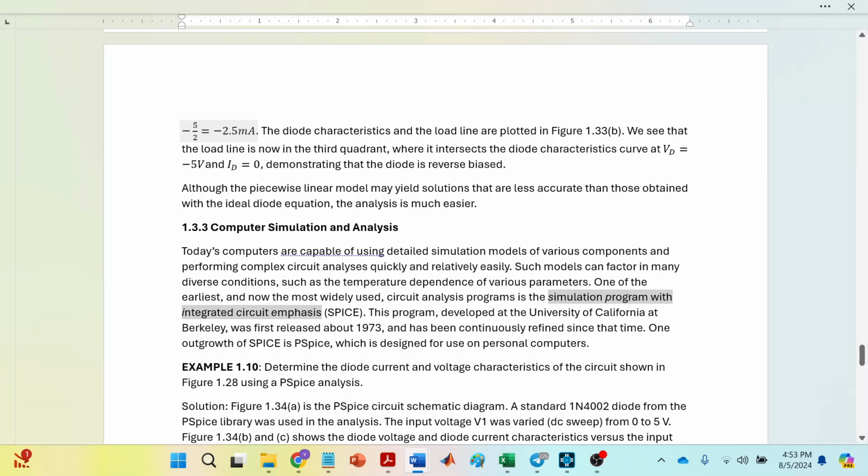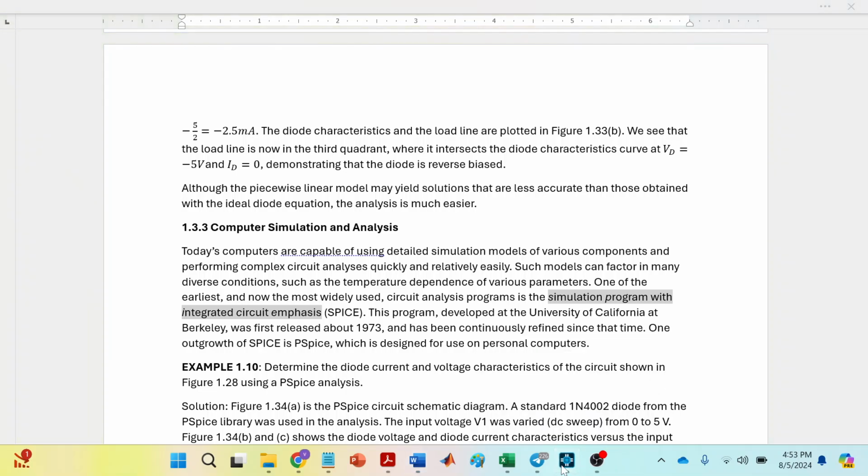The final method we are going to consider to analyze a diode circuit is SPICE, a computer program. SPICE stands for Simulation Program with Integrated Circuit Emphasis. We are going to draw the circuit on a PSpice program.